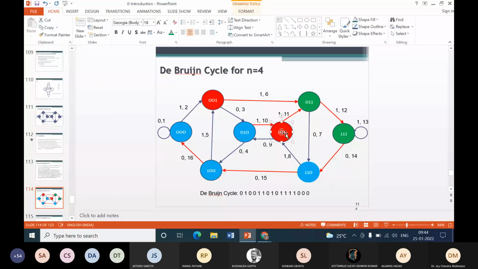I found out the characteristic of 1. If the last bit was 1, it means the edge level from its previous two vertices will be 1. Now what is the characteristic of these previous two vertices? Why do I have an edge from here to here? The reason is the first two bits 0 1 are equal to the last two bits 1 0. Now we should go back here.